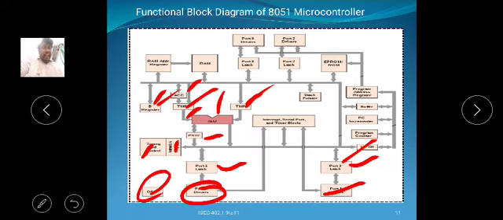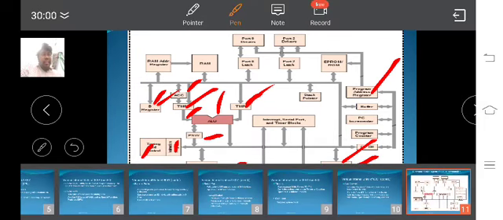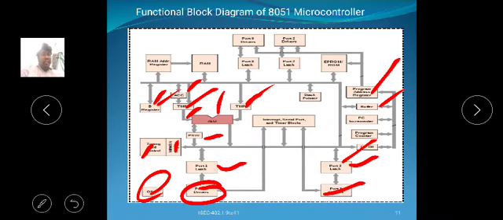On the right side the program address register, the buffer register, and the program counter incrementer, the program counter and DPTR, data pointer. And here the interrupt, serial port and timer blocks.